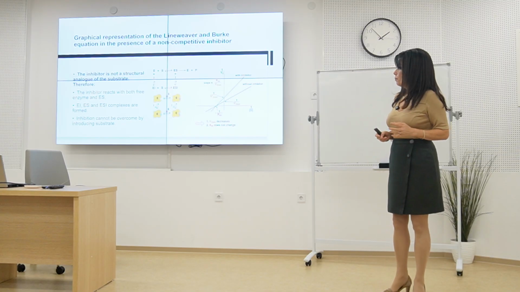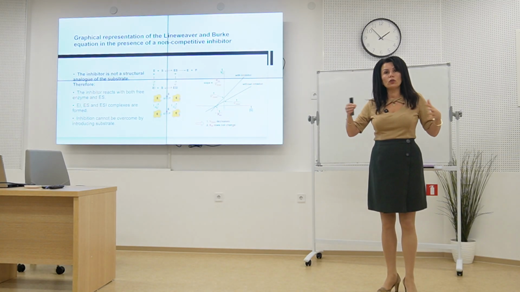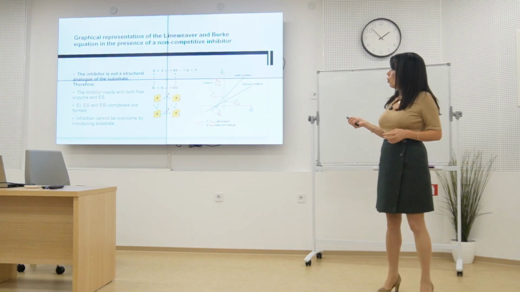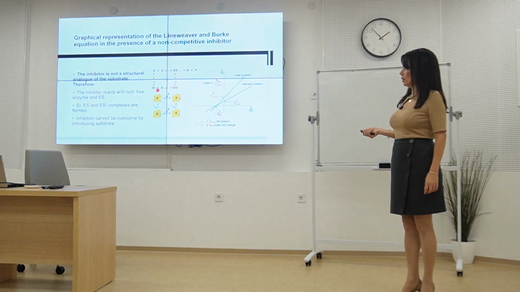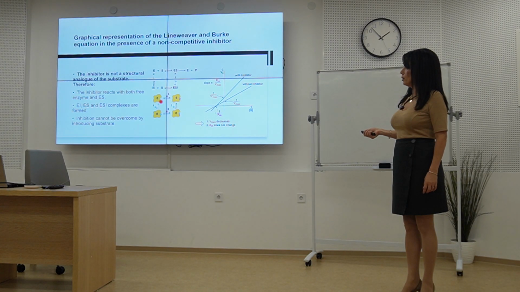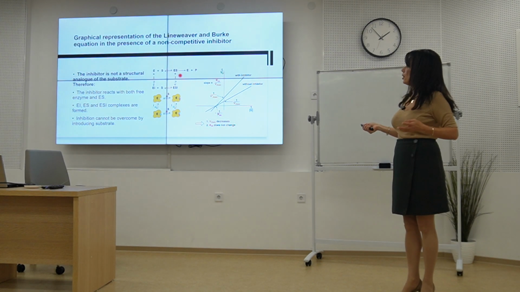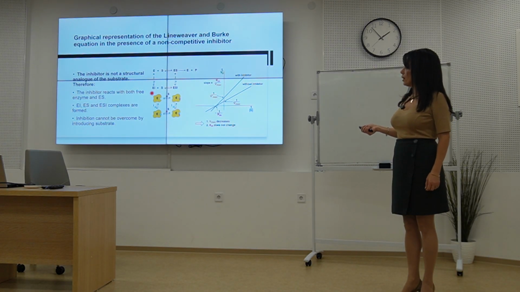Because there is another place of contact, all three complexes can be formed, students. If the contact is between enzyme and substrate, an enzyme-substrate complex will be formed, which means obligatory the product and unchanged enzyme in the end. If there is contact between enzyme and inhibitor, an enzyme-inhibitor complex will be formed.